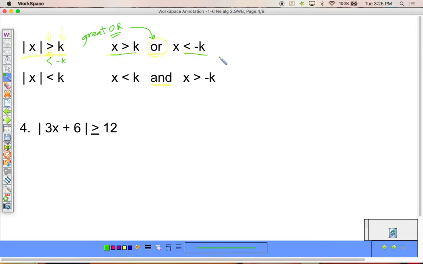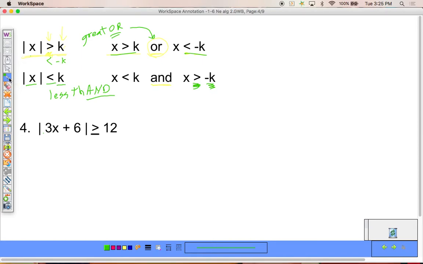All right, I'll show you what's happening in a second. When it's a less than symbol, I'm going to think of it as "less than", which makes it an and statement. X is less than k and x is greater than negative k. So we have to write it twice, change your inequality and your sign on the right on the second one.